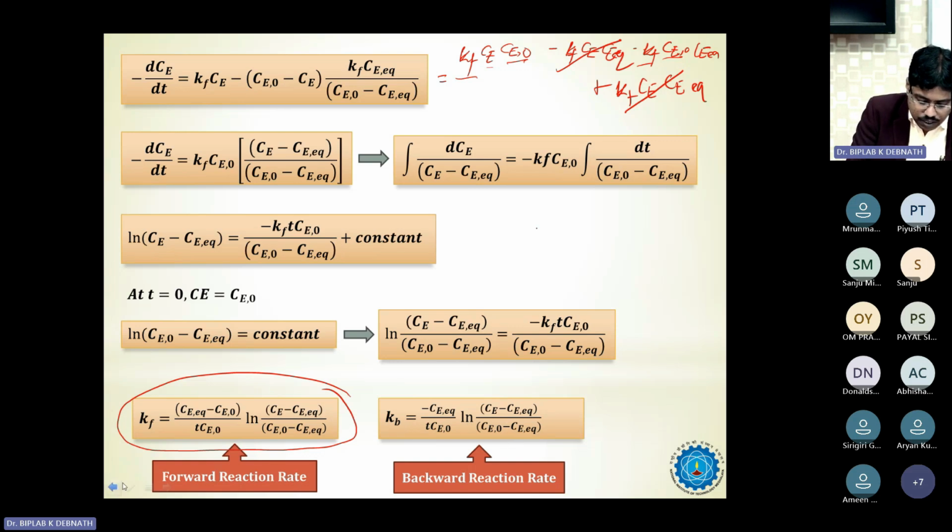That is basically the backward reaction rate. It is very important to find the backward reaction rate for any type of reaction. Here we have tried to explain how we can calculate it.